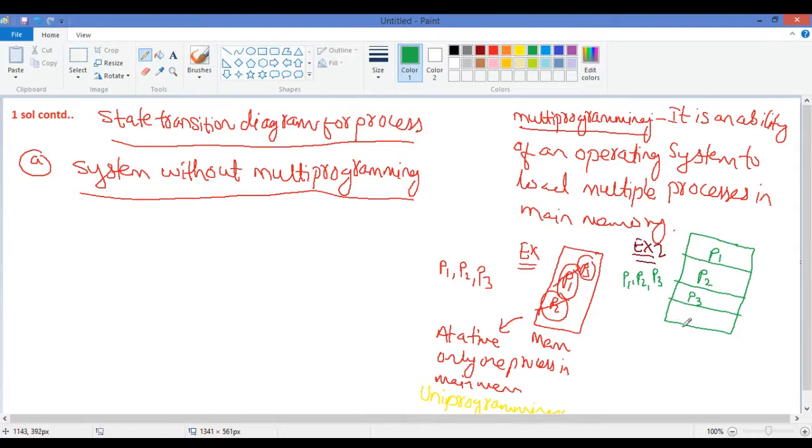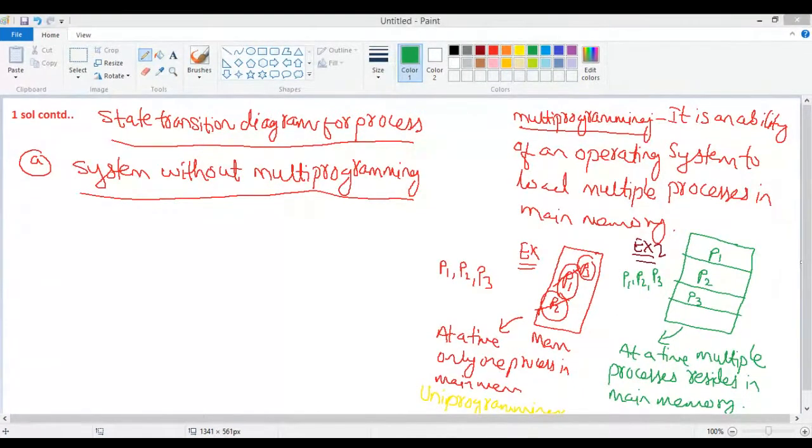This is called multi-programming. At a time, multiple processes reside in main memory. Is it clear, all of you? Is the point clear?